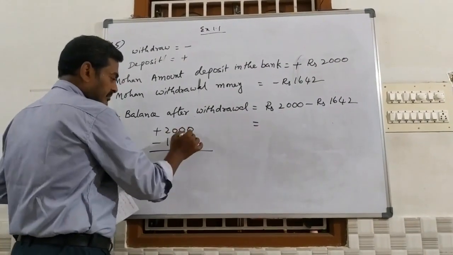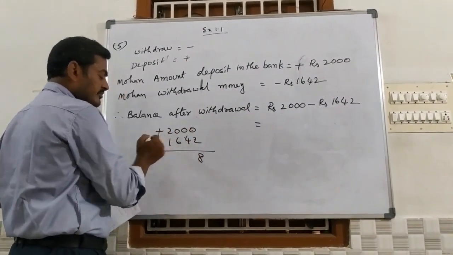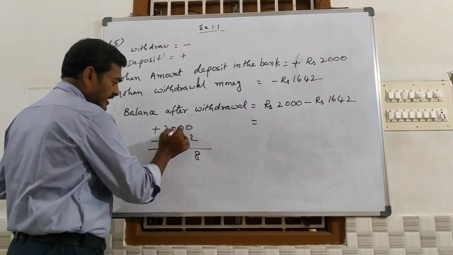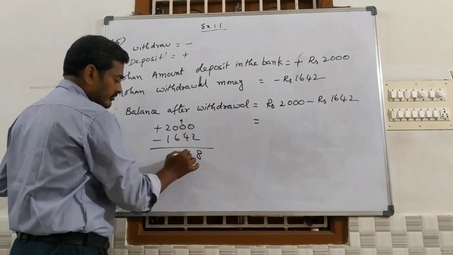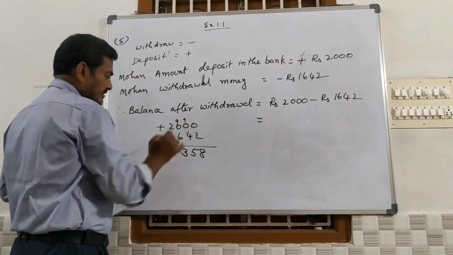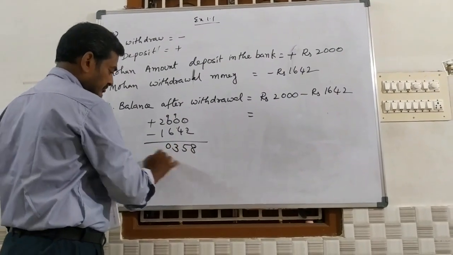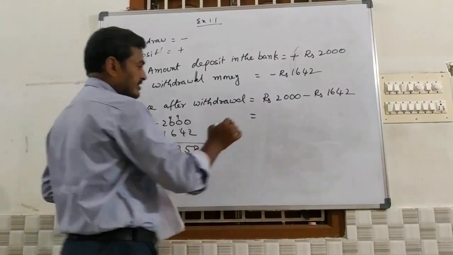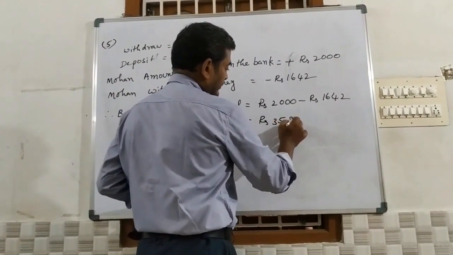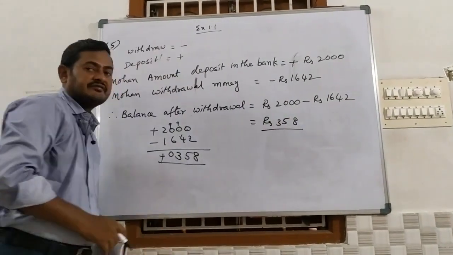Then 10 minus 2, 8. Different symbol means what can you do? We can go for subtraction. Then 9 minus 4, 5. Here 9 minus 6, 3. Then 0. So the symbol is plus. That is equal to rupees 358, the balance.